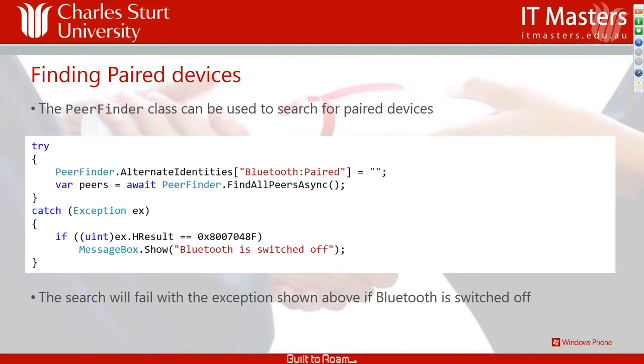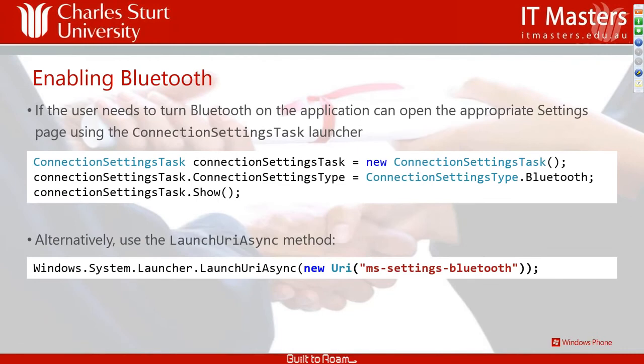If that happens, we can redirect the user to the Bluetooth part of the settings, using the launcher API we saw earlier. Here we see the launcher syntax for the settings for Bluetooth, and we can also use the connection settings task if you're more familiar with that.